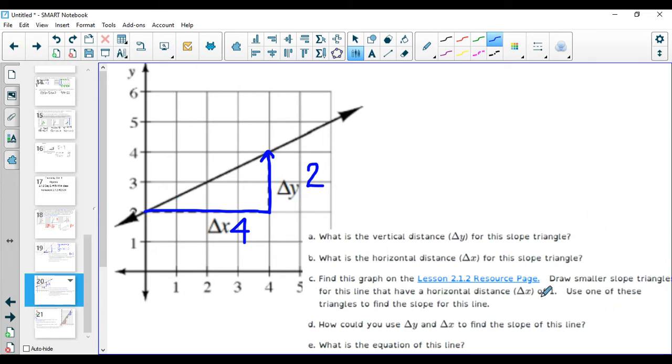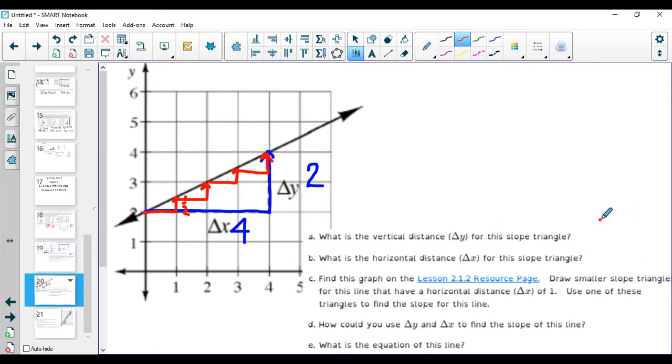So if we were going to do this using smaller slope triangles that only had a horizontal distance of 1, we would go over 1, and when we went up, we would only be going up 1/2. Over 1, up 1/2. Over 1, up 1/2.